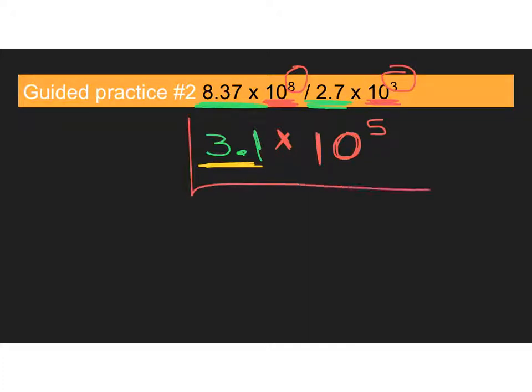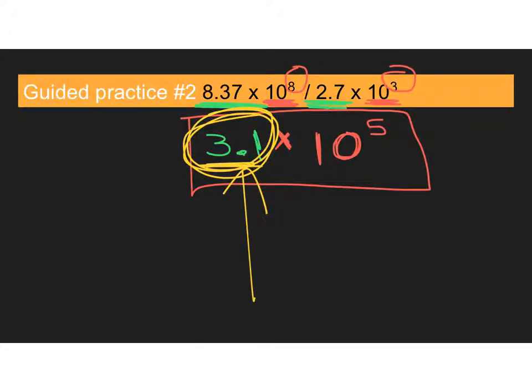So your answer for your scientific notation division would be 3.1 times 10 to the 5th power. And we can leave 3.1 as it is because it's between the numbers of 1 and 10. Remember that that first number needs to be between 1 and 10.